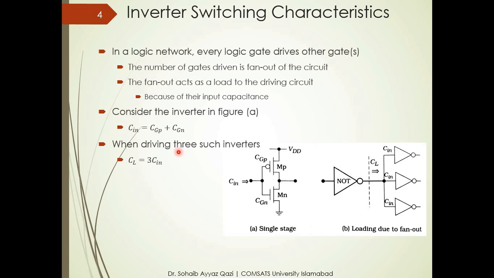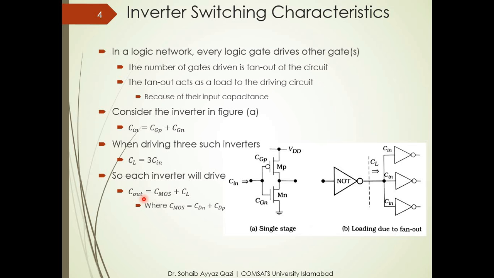While if we see this output, the output of our NOT gate is driving 3 different inverters. So we can say that the load capacitance CL is equal to 3CN, because we are driving 3 inverters here. The input capacitance of each gate is summed up together to get the total load capacitance.